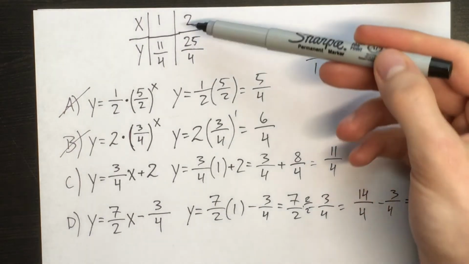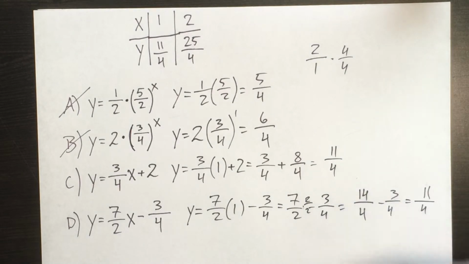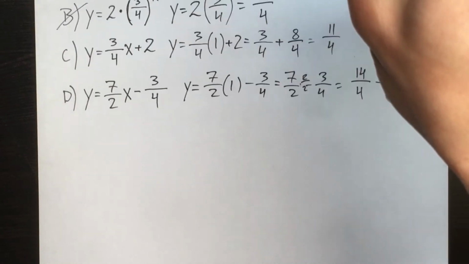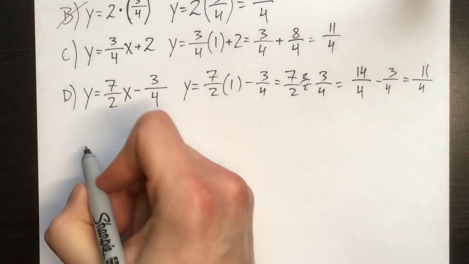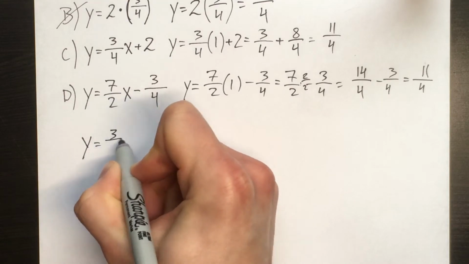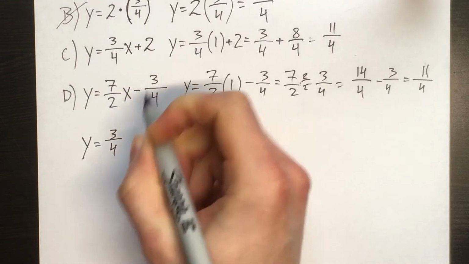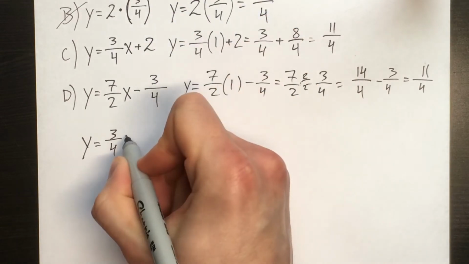So let's plug in the second point and see if we can eliminate one of these options. Let's do this first one. So y equals 3 over 4 times, let's plug in 2 now to see if we get 25 over 4.